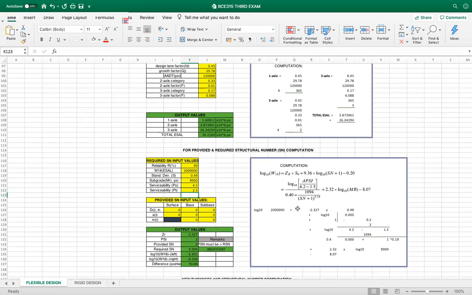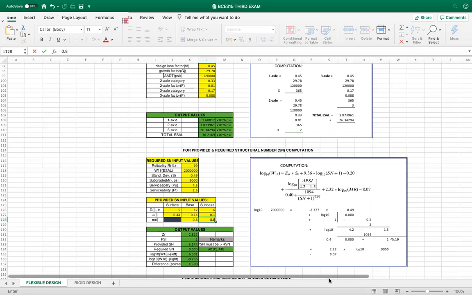And the provided SN values, guys, you should input here. Surface is 5, 0.44. Base is 12, 0.14, and 0.8. Subbase would be 6, 0.1, 0.8.